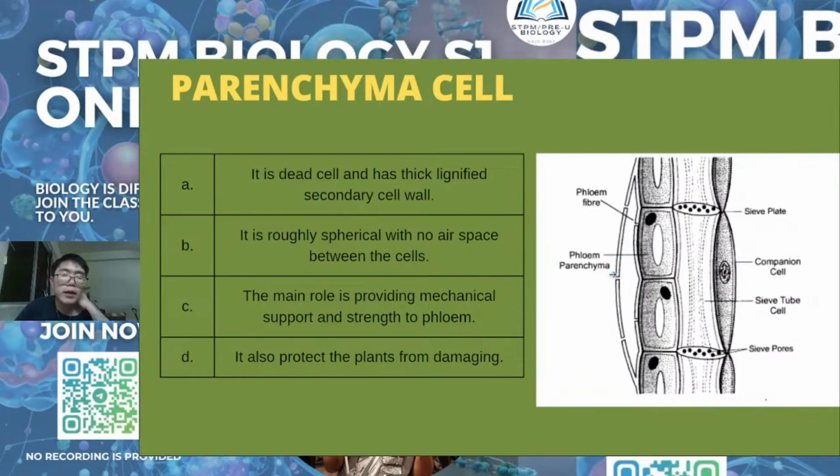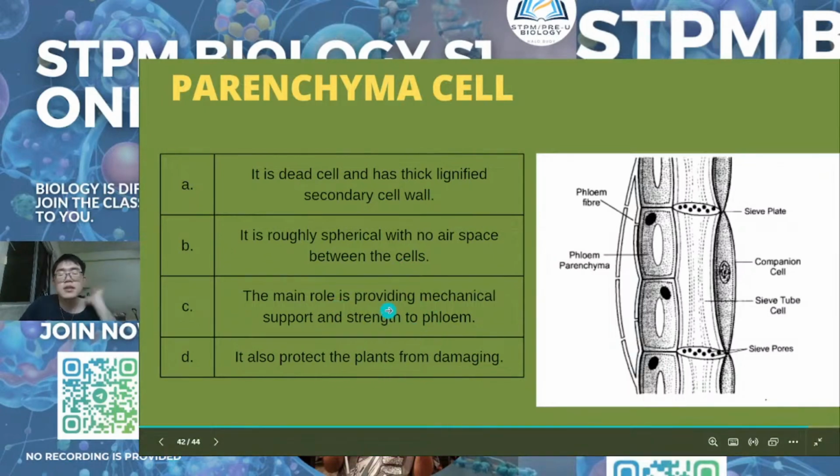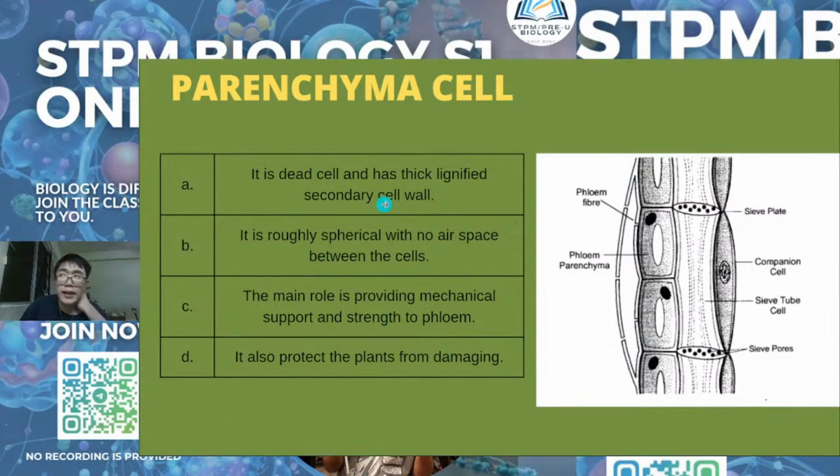Okay, another one is fiber. Sorry, not parenchyma, the fiber cell. It is a dead cell. Fiber cell is one of the types of parenchyma, right? It is a dead cell. It has a thick, lignified secondary cell wall, is roughly spherical, has no air space, and the main role is to provide mechanical support to the phloem and also protect the plant. So normally it has the same function as the parenchyma.